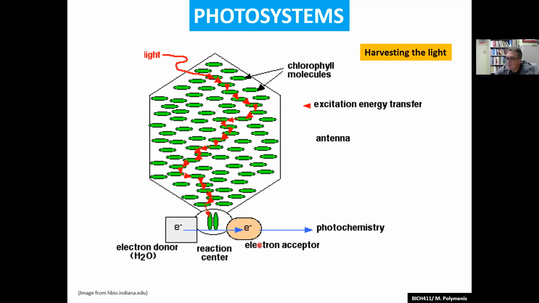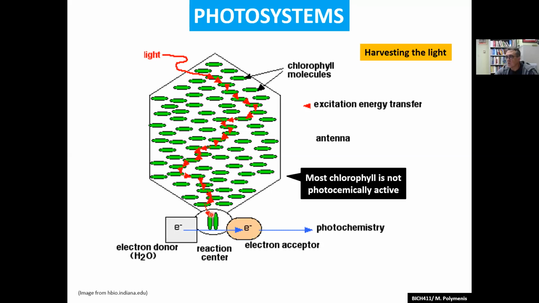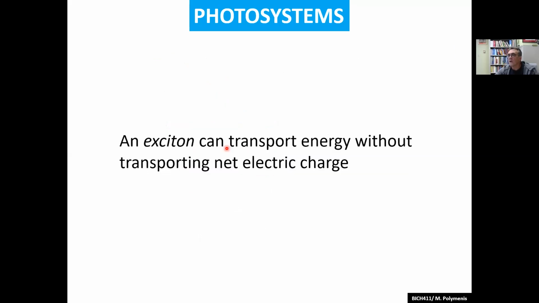There's not going to be any photochemistry, but the energy of the light will move on towards the reaction center, where the actual photochemistry will take place. So although most chlorophyll is not photochemically active, it does participate in this transfer. An exciton is something that can transport energy without transporting net electric charge. So this is what the non-photochemically active molecules of chlorophyll are doing.